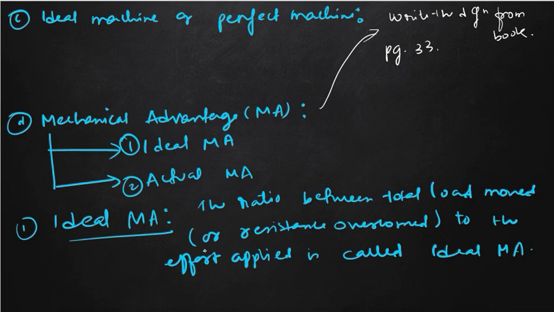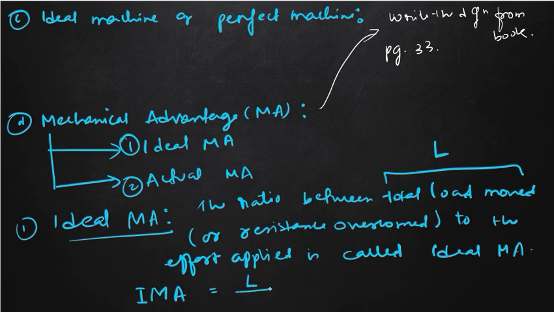If you see the formula, ideal mechanical advantage we can write in short as IMA. It is the ratio between total load moved, which we will denote by capital L, and we have also denoted small l, the actual load.